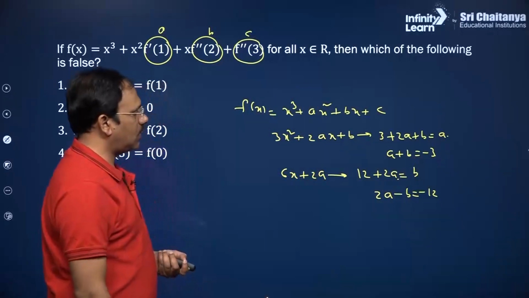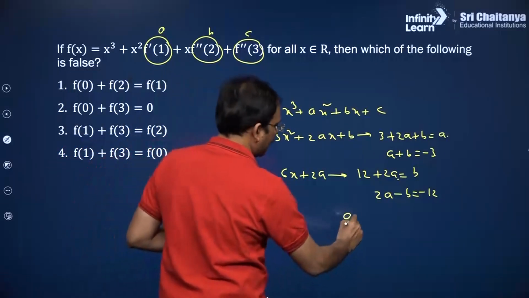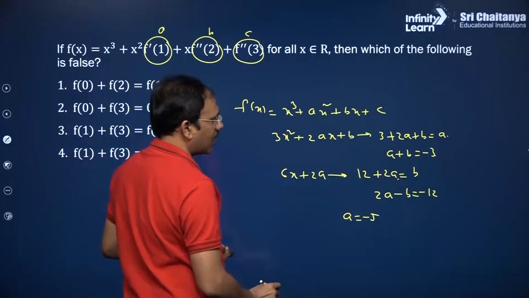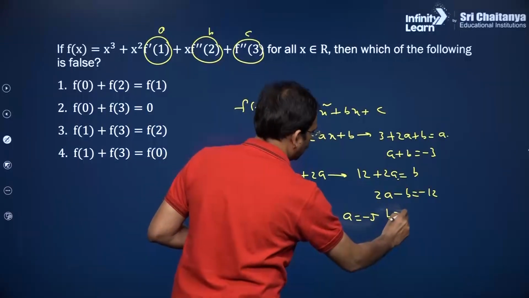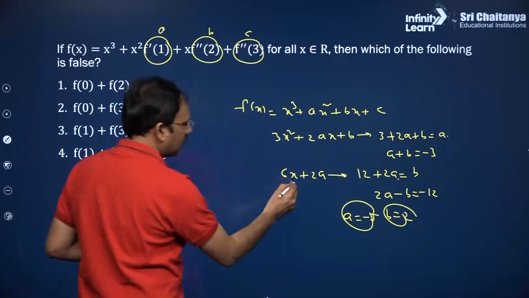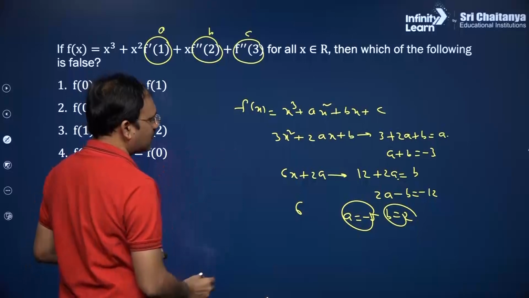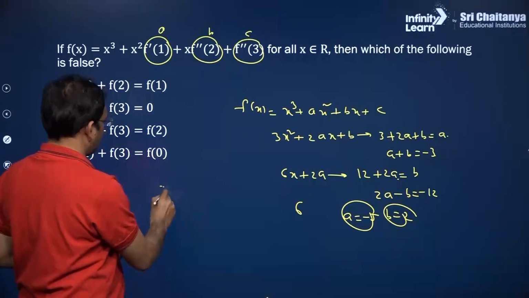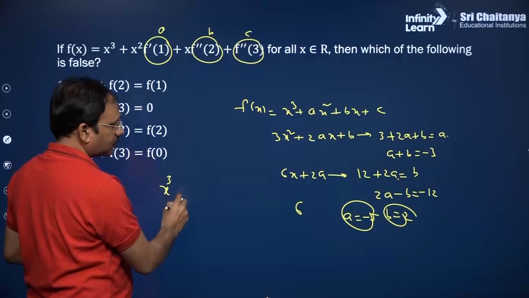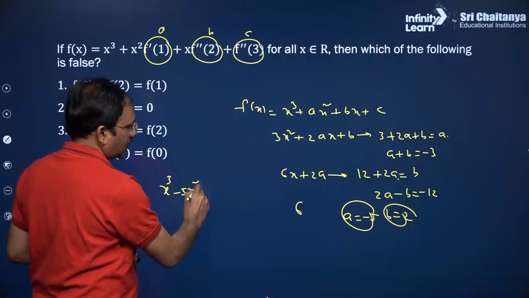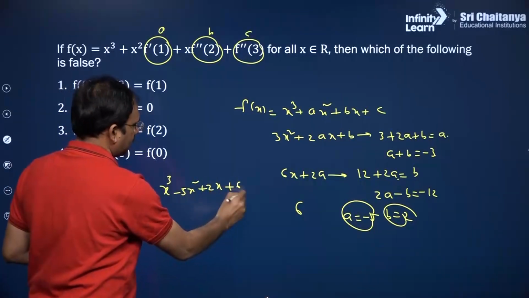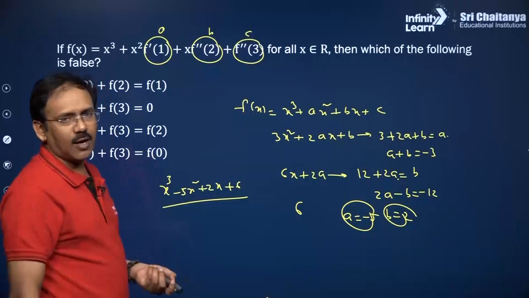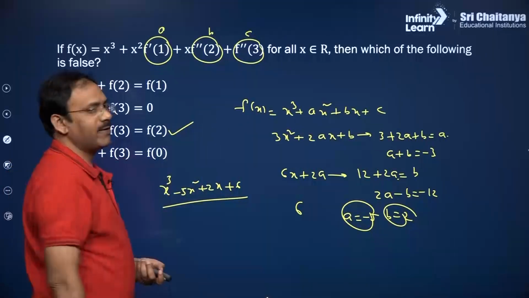Add these two, 3a is equal to minus 15, a is equal to minus 5. If a is minus 5, b is equal to 2. Once you know a and b, triple dash is 6, this is going to be c is 6. Now you know the function completely, x cube minus 5x square plus 2x plus 6, my dear friends. Now you just check the options, you will identify that this will be correct.